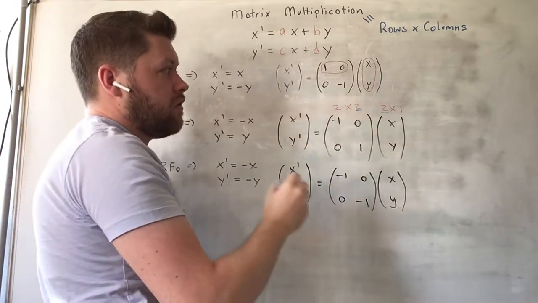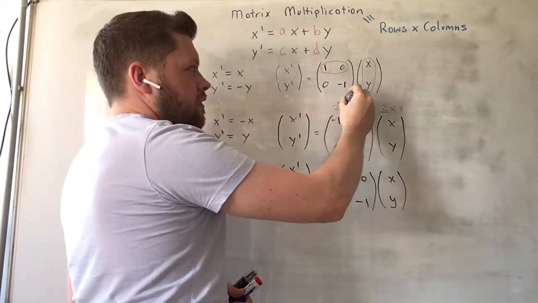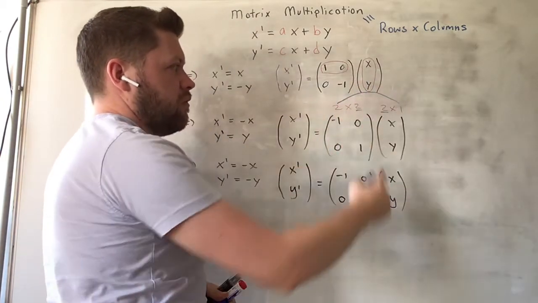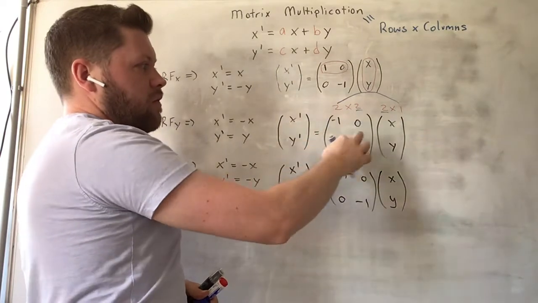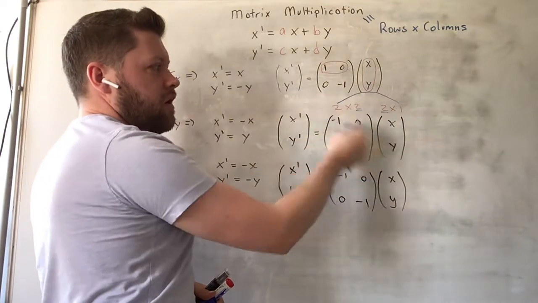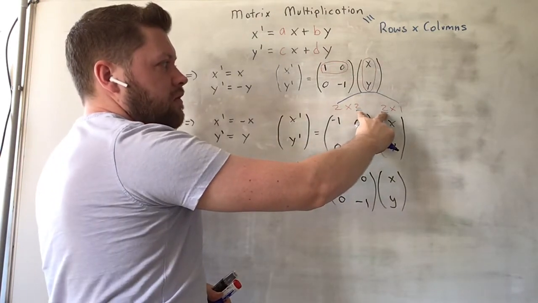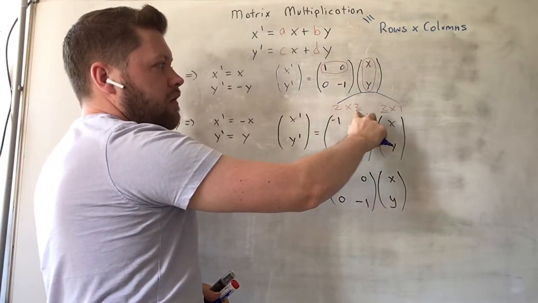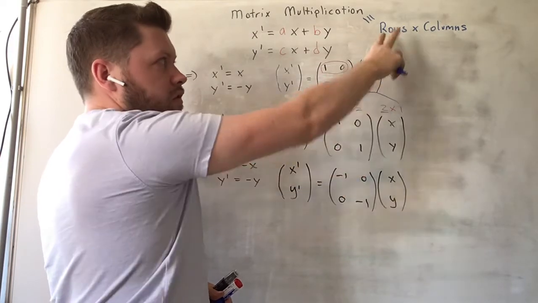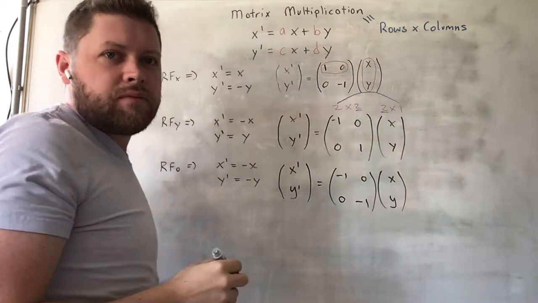Okay, and the result is the two outside numbers. So the resulting vector we get when we multiply a 2 by 2 by a 2 by 1 is a 2 by 1. Okay, the reason these numbers need to be the same is you need to have the same number of rows as columns in order to do the row by column multiplication.